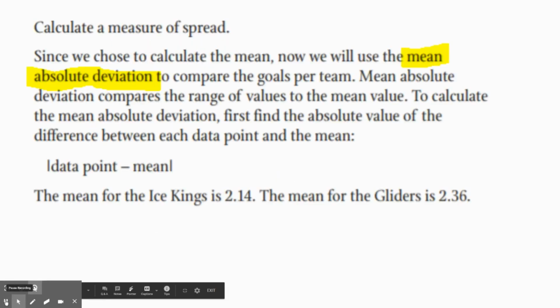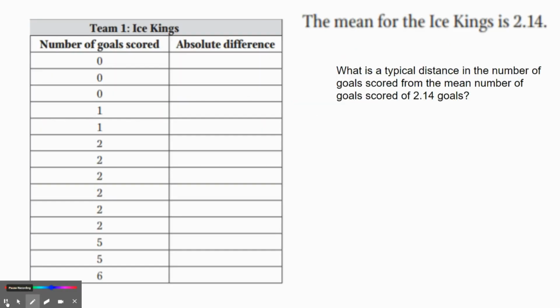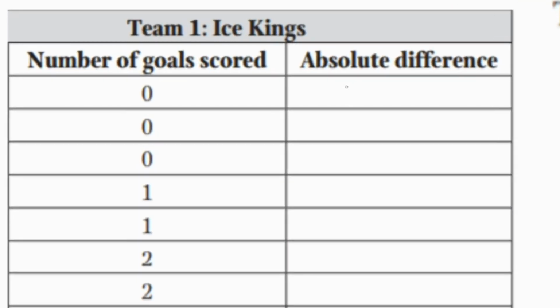Next, let's calculate the measure of spread. And since we will be using the mean absolute deviation, the best thing to do is to create a table. Again, for the mean absolute deviation, we are asking ourselves, what is a typical distance from the mean of 2.14? This is how you do it. You take the value here, which is 0, and you're going to subtract the mean, which is 2.14. Then you're going to take the absolute value, which is just going to be positive 2.14.